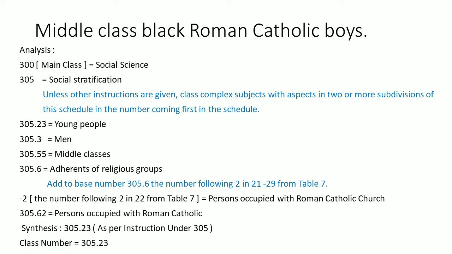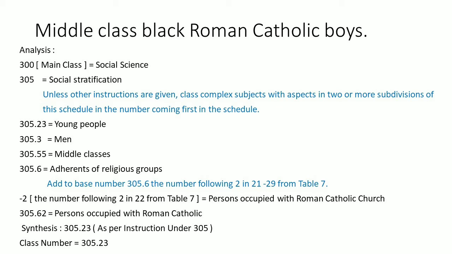After that I have written the notation 305.55, that is for middle class people. After that I have written the notation for the religious group, that is 305.6, and here is an instruction to add the different religion. We can add the religious person from table 7.